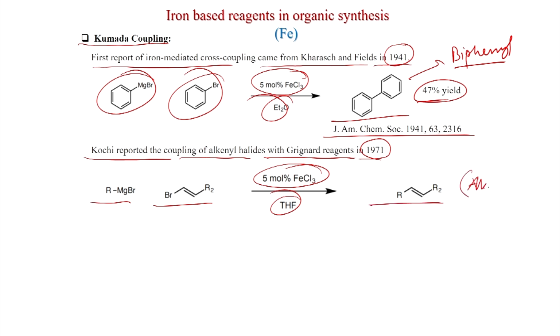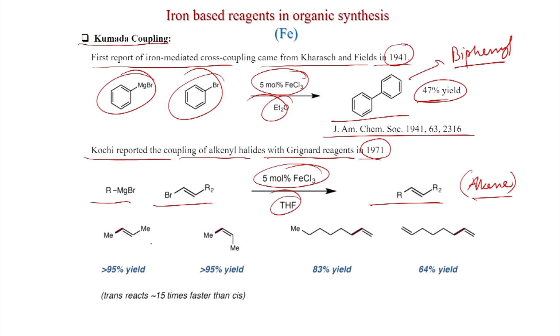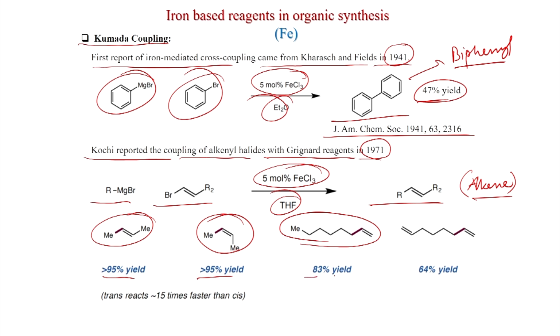So, here alkene is formed, which is a very useful alkene synthesis, and you see here trans 2-butene, cis 2-butene is formed in very high yield. Here a long chain can be formed in 83% yield. Here also 2 olefins are there. This selectively forms in 64% yield.